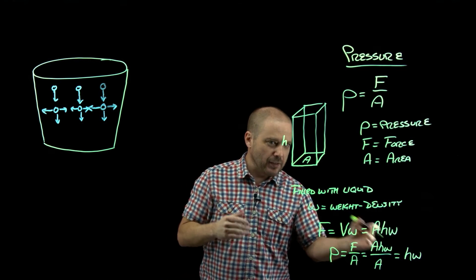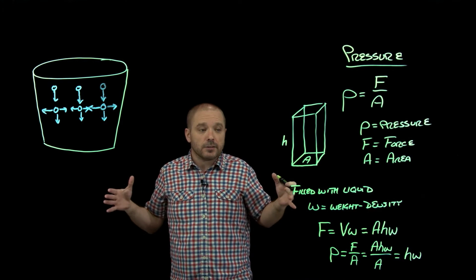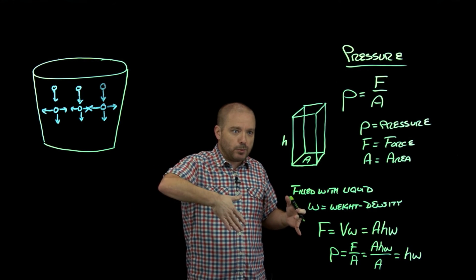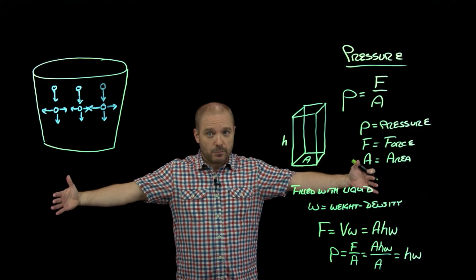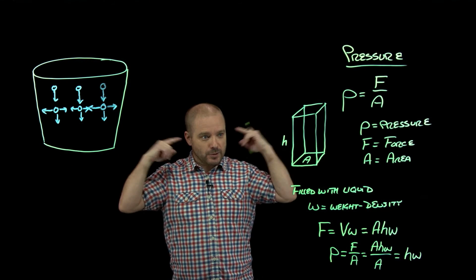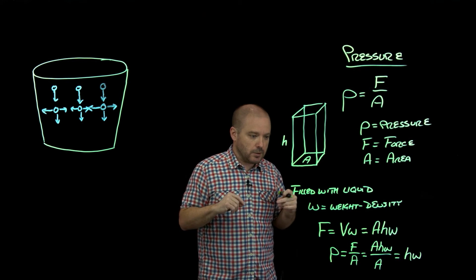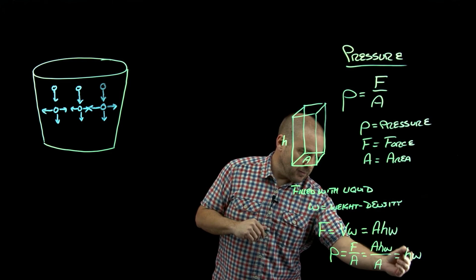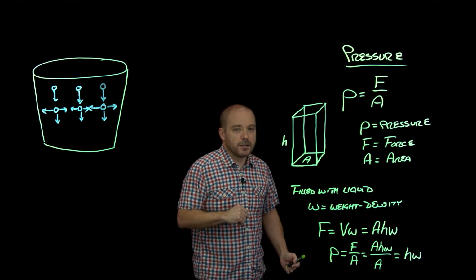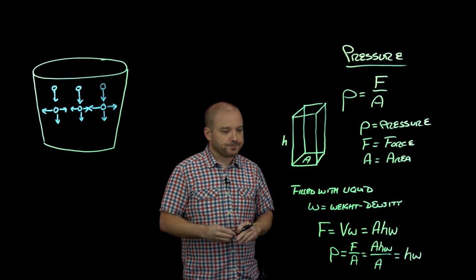And that pressure has nothing to do with how big that container is, right? Jumping into a backyard pool versus an Olympic-sized pool versus the ocean, doesn't matter how big that container is, you still feel the same pressure in your ears. It's really just a matter of how far underwater you go and the weight density of that particular liquid.